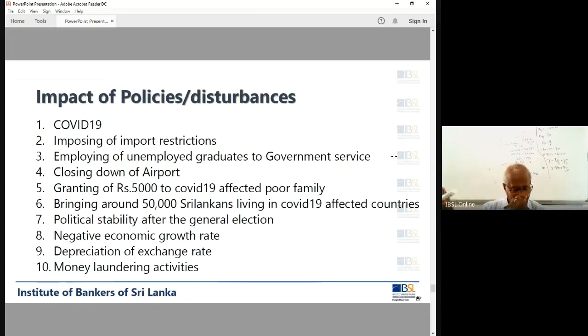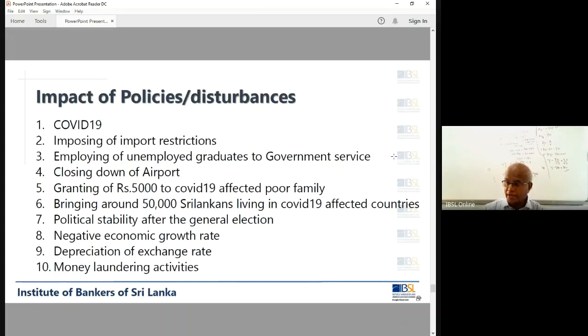But after depreciation, at 200, you need to pay only 50 cents to buy 1 kilogram of tea. The dollar-rupee rate changes. Imports will be expensive to the locals. Exports will be cheap to the foreigners. Export prices will come down. That is the impact of depreciation.